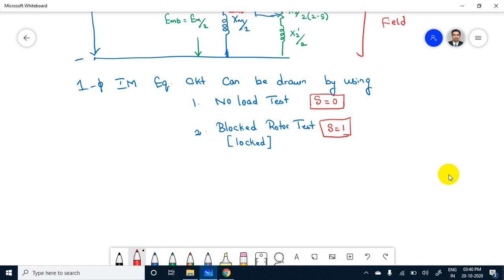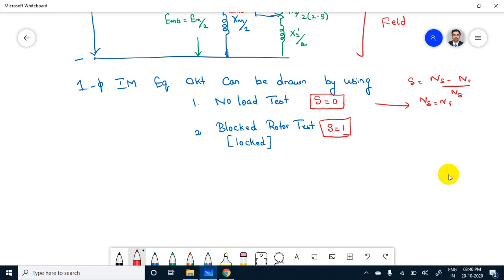We know the slip S equals (Ns minus Nr) by Ns. If you substitute S equal to 0 in this equation, we get Ns equal to Nr.